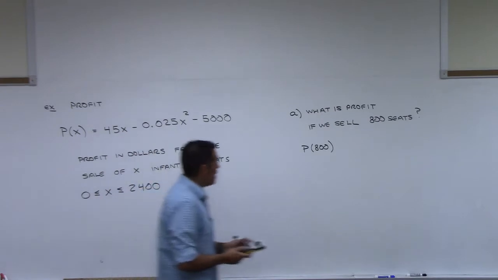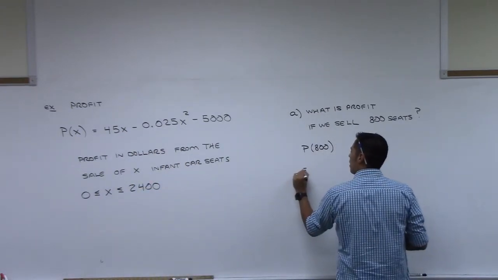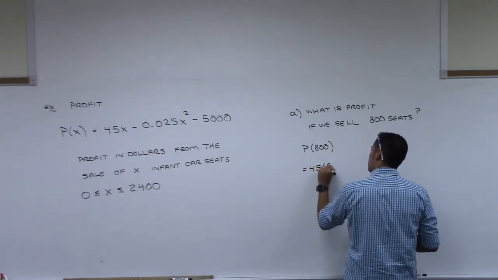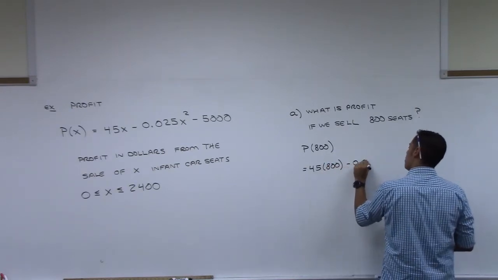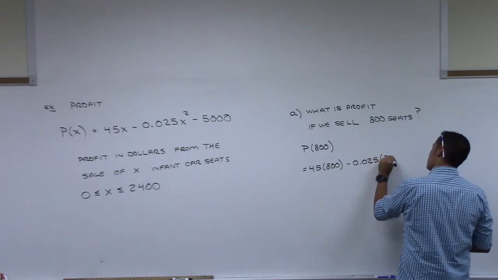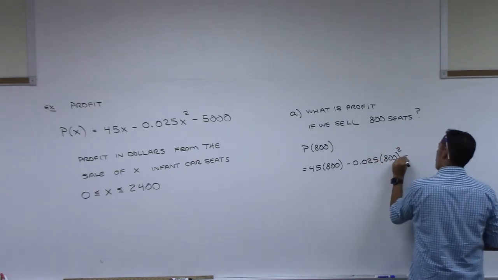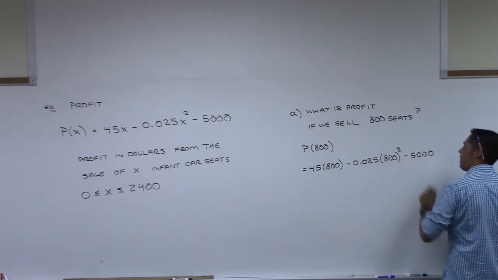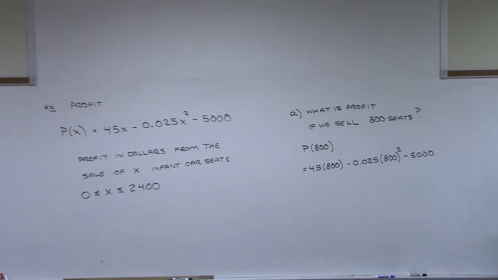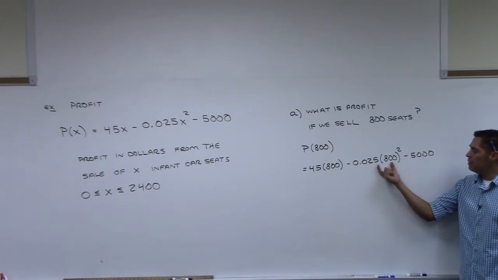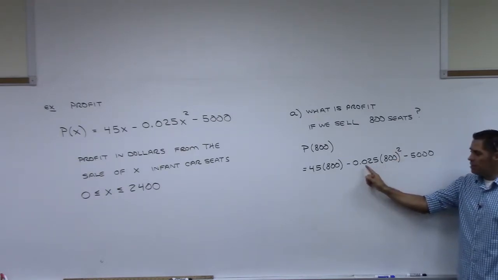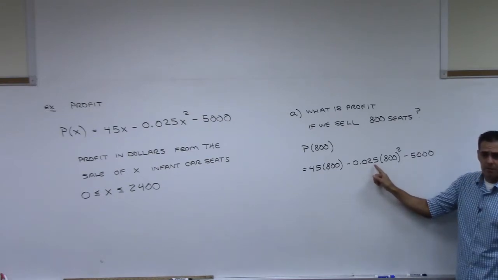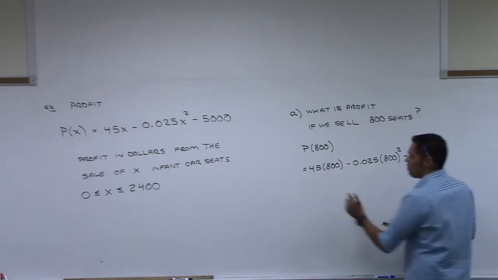So the computation I'm about to do on my calculator is 45 times 800, and then minus 0.025 times 800 squared, minus 5,000. Now be real careful with this part right here. You must square the 800 before you multiply times the 0.025, because of order of operations, right?